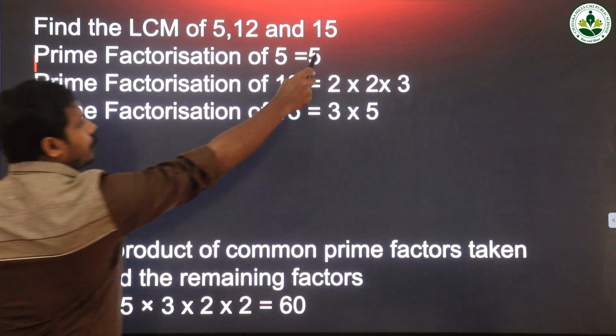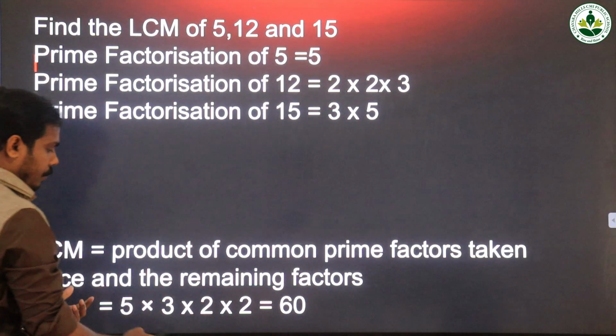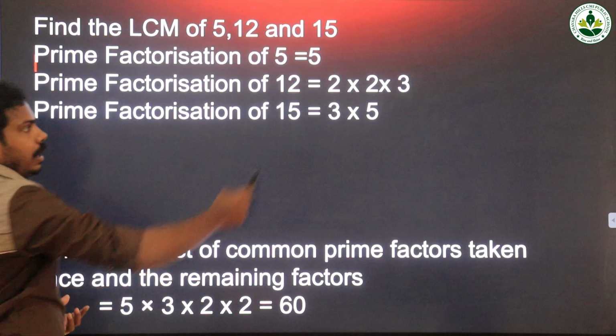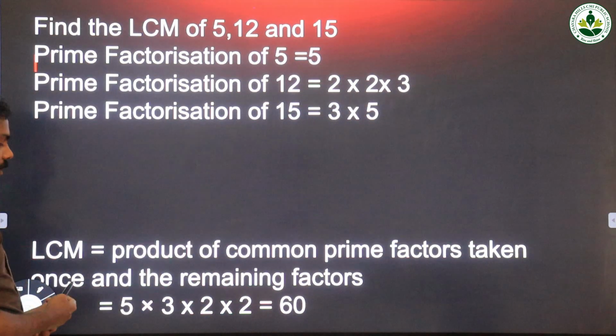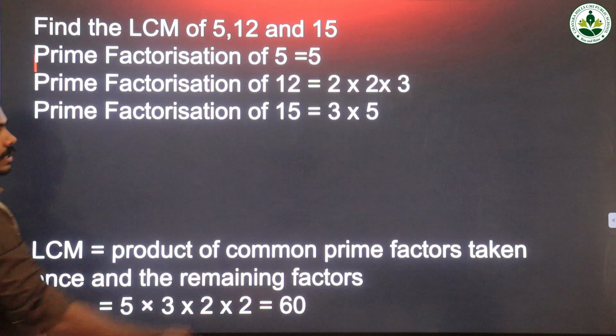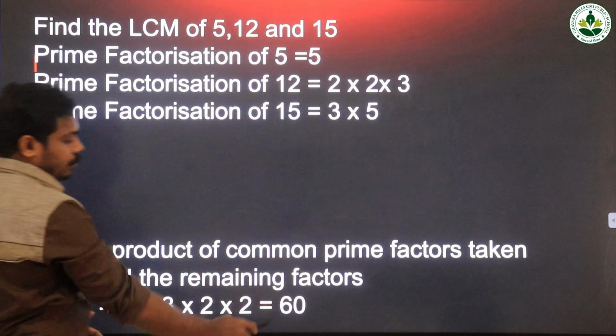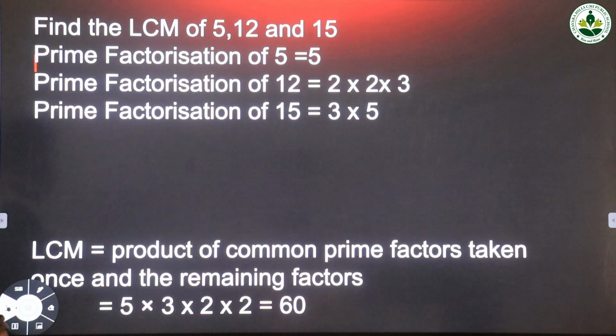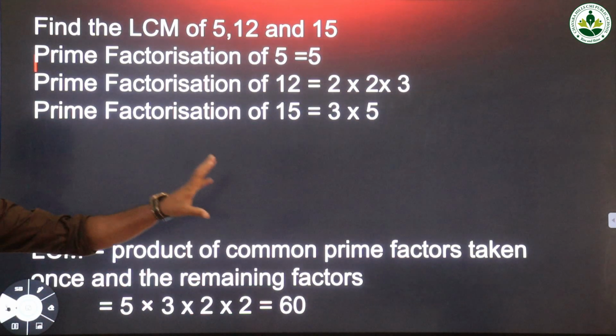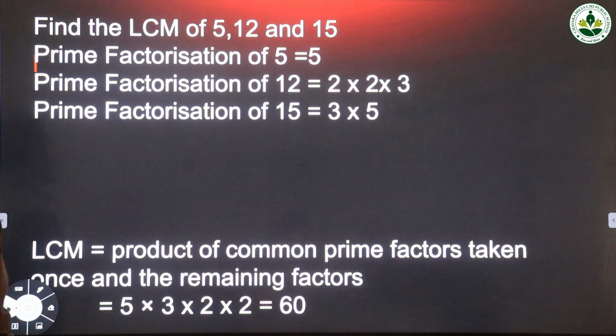That means 5 and 5, we take one 5 from that pair, and 3 and 3, we take one from those 3's, and the remaining factors are 2 into 2. We write 2 into 2. So we got the answer 60. This method is also a little bit confusing.